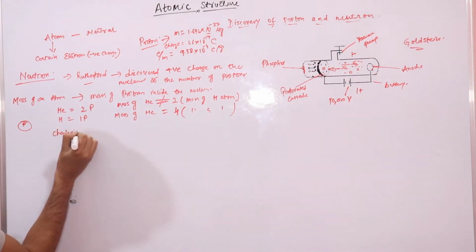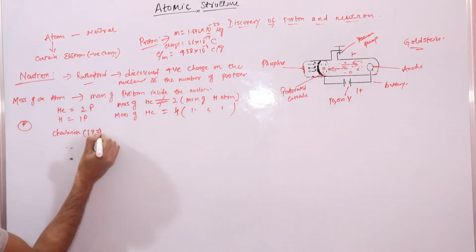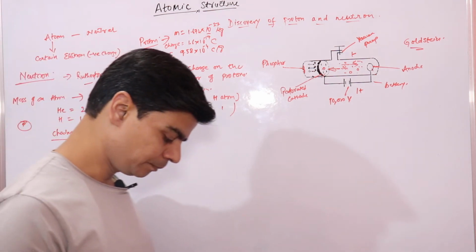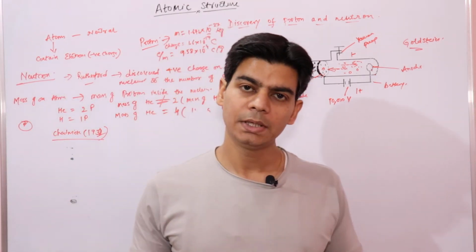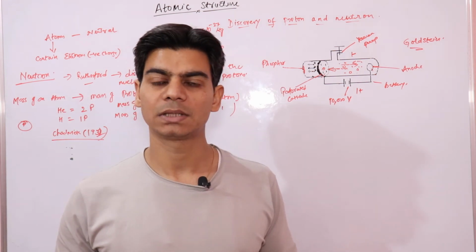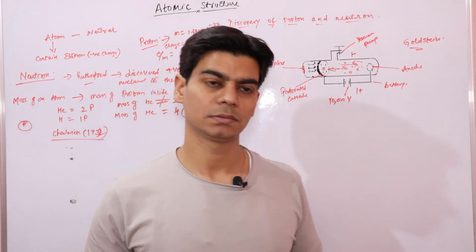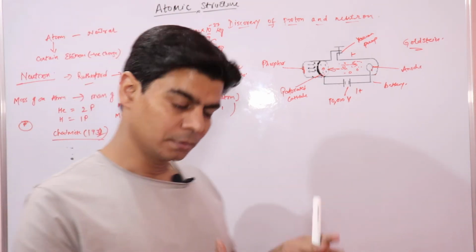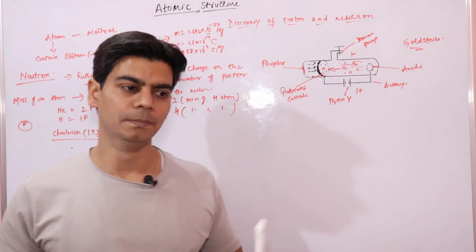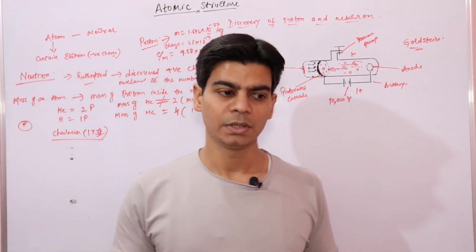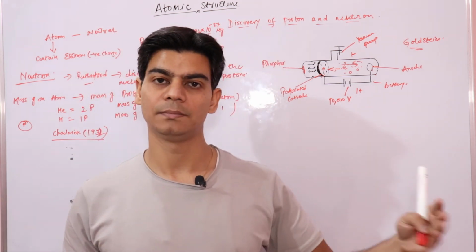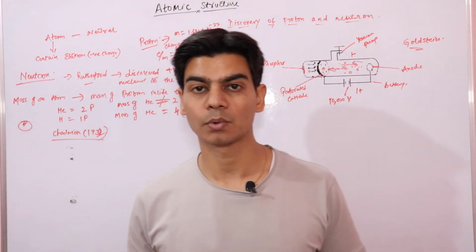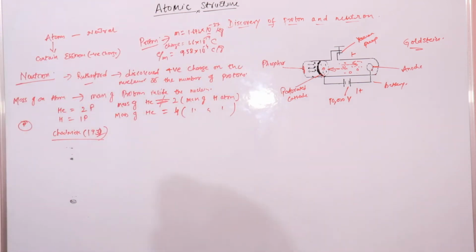He carried out some experiments wherein he bombarded certain light elements like beryllium and boron with alpha particles. When he bombarded them with helium, he noticed the emission of some neutral particles whose mass is the same as that of protons.